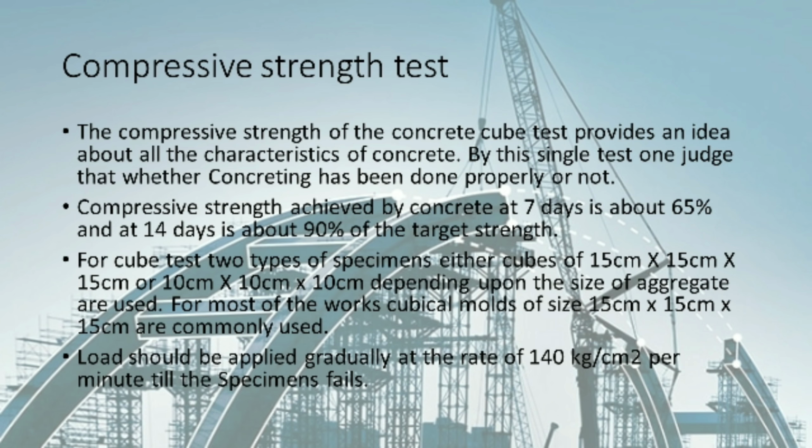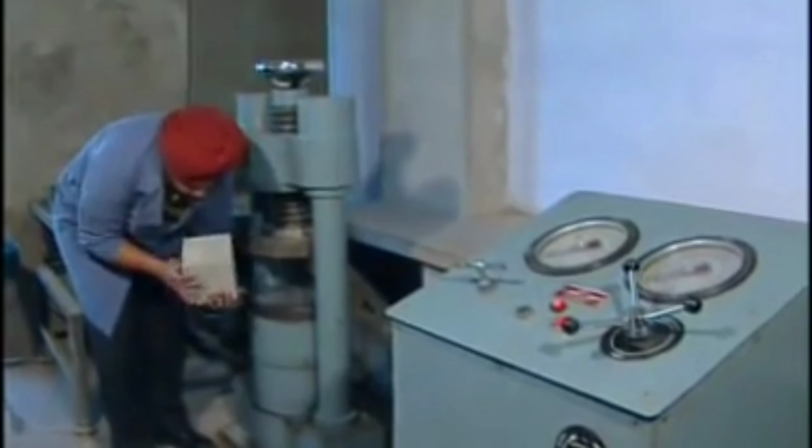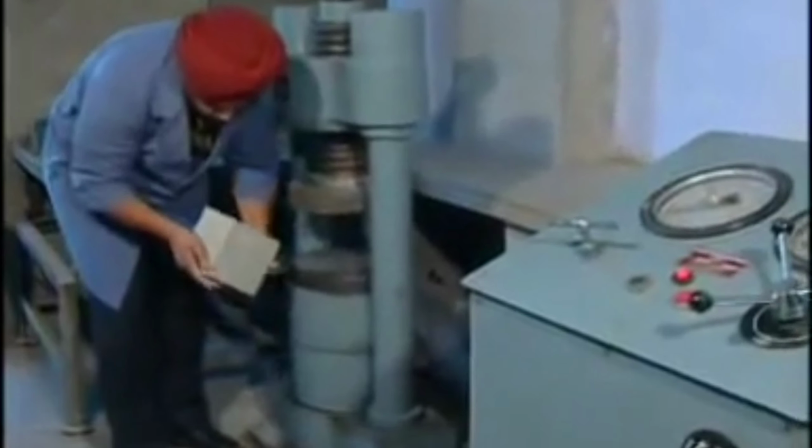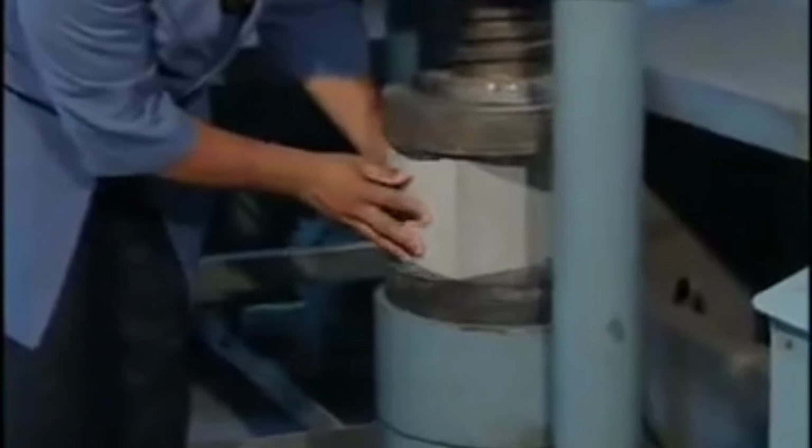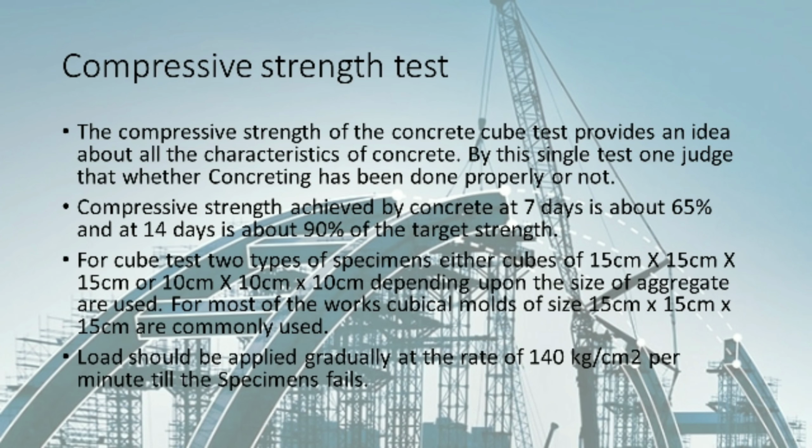So what is the compressive strength test? The compressive strength of the concrete cube test provides an idea about all the characteristics of concrete. By this single test, one can judge whether concreting has been done properly or not. For the cube test, two types of specimen are used, cubes of 15 cm times 15 cm times 15 cm or 10 cm times 10 cm times 10 cm depending upon the size of aggregate.